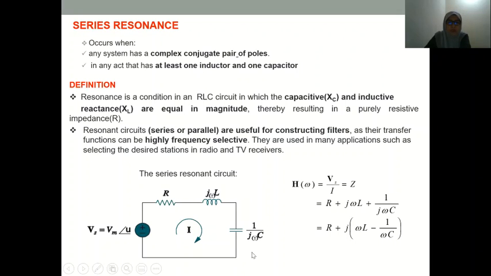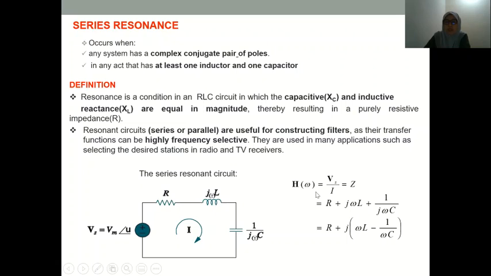So we have a series resonance circuit when R, L, and C are connected in series. We have R, j omega L, and 1 over j omega C in series.